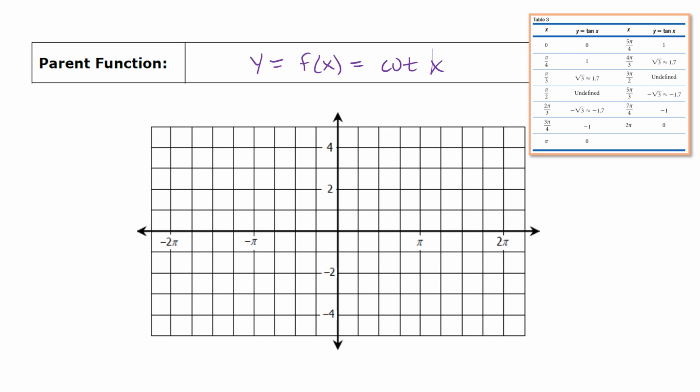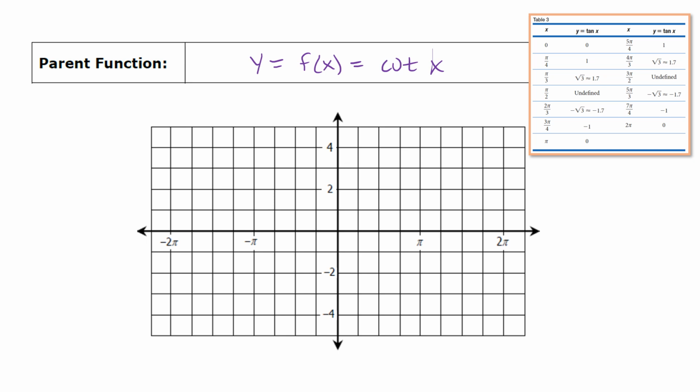We see here that wherever we have a 0, we know it will be undefined, whereas wherever it is undefined will actually be 0, because we know the tan is our y over x, so our sine over cosine.